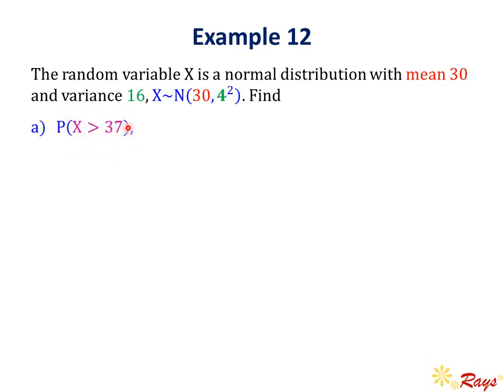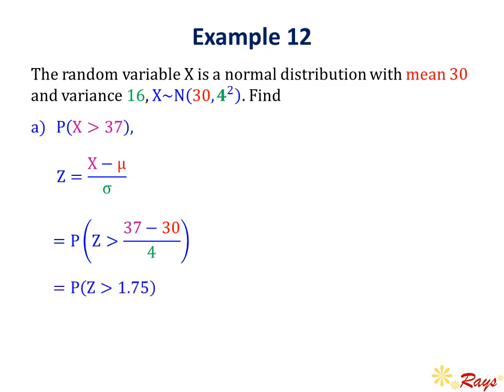So this one is a normal distribution. To be able to use the standard normal table, we have to convert this into standard normal distribution. So this is the formula. So probability of Z greater than, now we are using this formula to convert this 37 into a value of standard normal distribution. So substitute into this equation. X is 37, mu is 30, and sigma is 4.